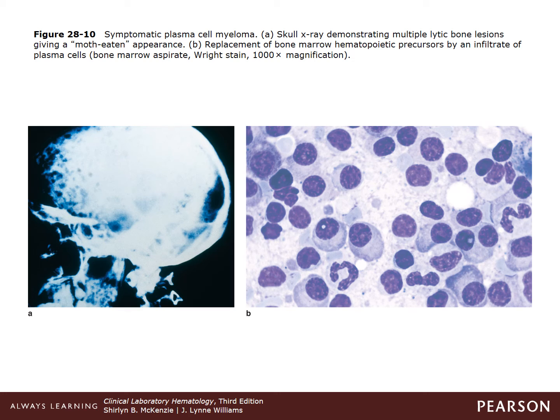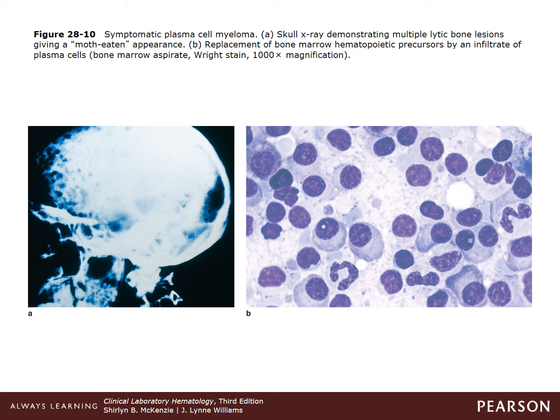Cytogenetic studies have found over 90% of patients have some kind of chromosome abnormality, either hyperdiploid or non-hyperdiploid, with resulting chromosomes 3, 5, 7, 9, 11, 15, and 21.